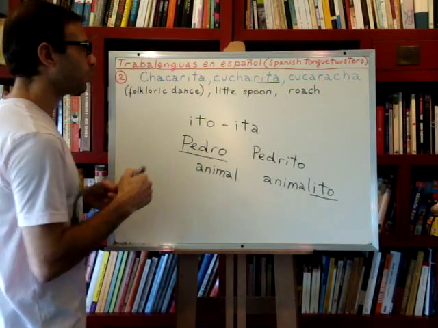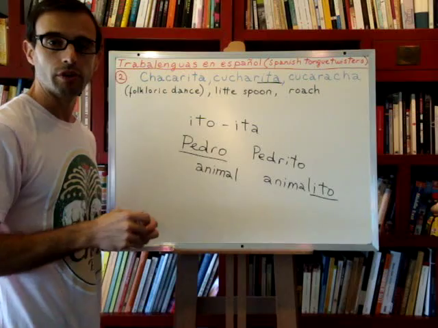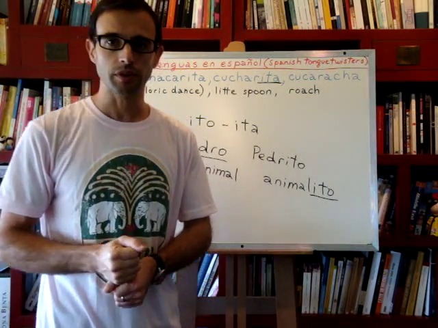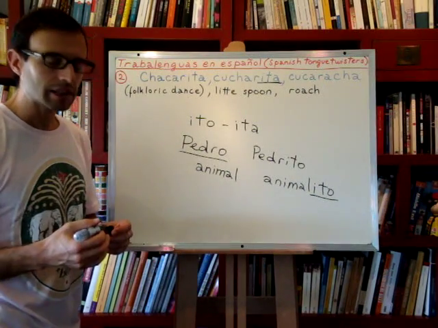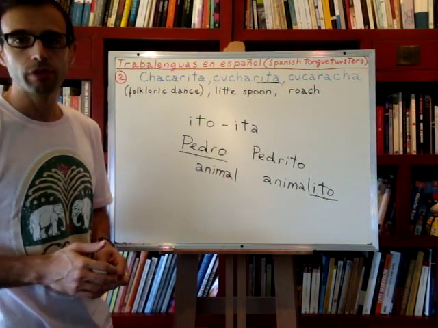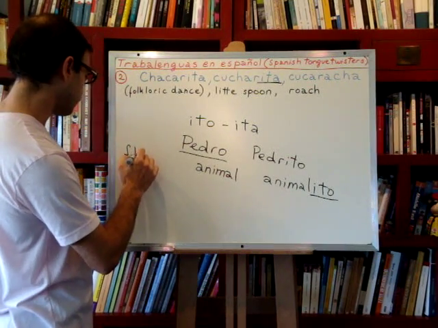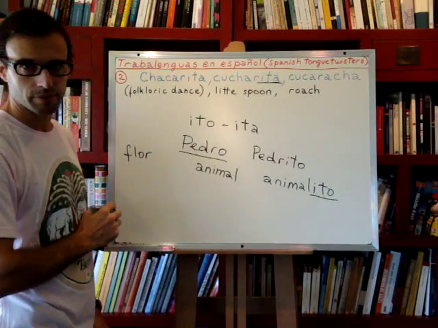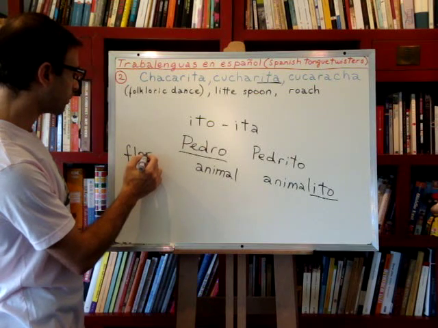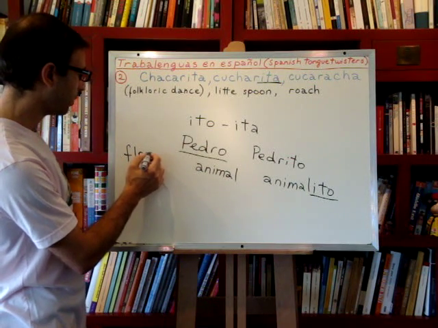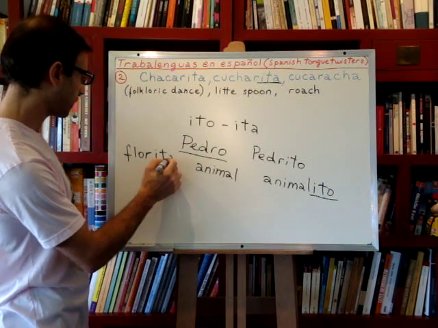So, now that we have seen how we form a diminutive or how we use diminutives in Spanish, I'll show you. If we want to say a little flower or a small flower, yes? A small flower, we would say flor is a flower, yes? However, in this case, when the word, the noun, ends in a consonant like here, we do not say florita, okay?